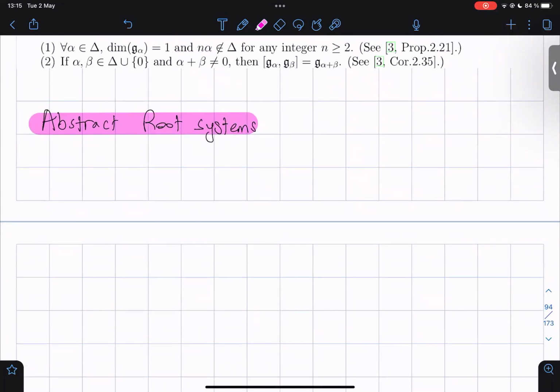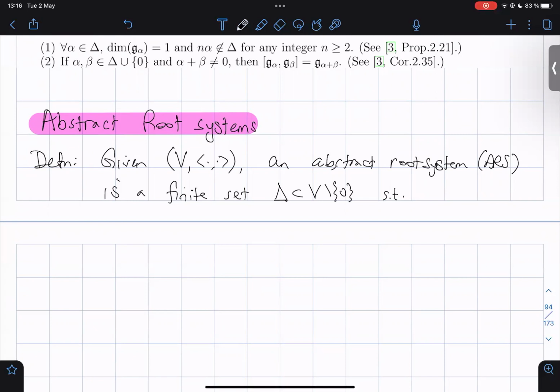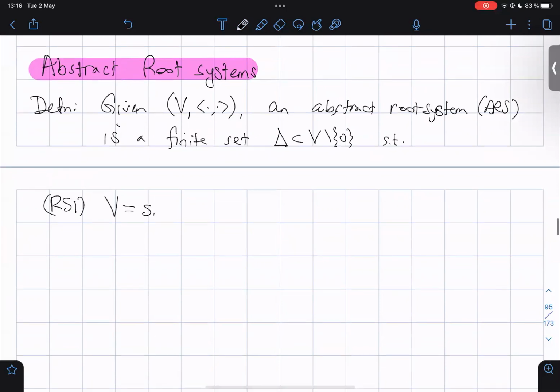Okay, so first definition. Given a real vector space, finite dimensional, with an inner product, an abstract root system, or ARS, is a finite set of non-zero vectors such that we have a few conditions.